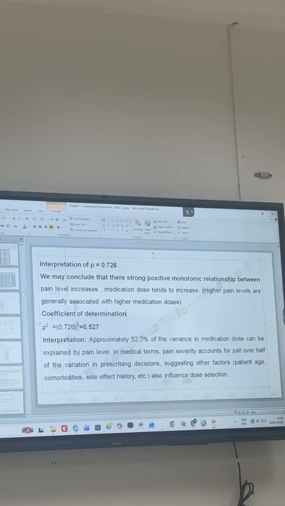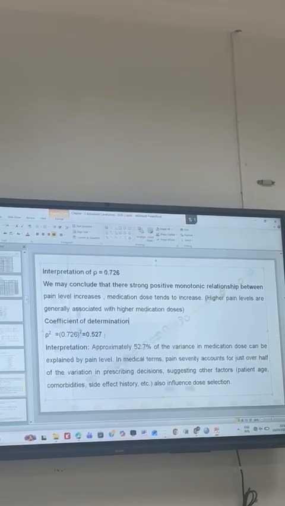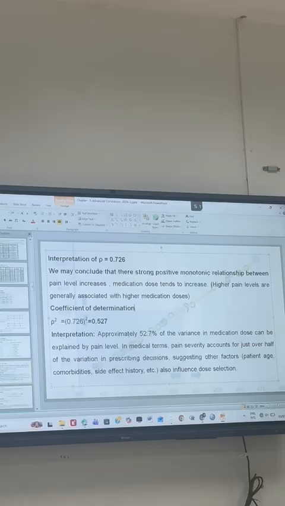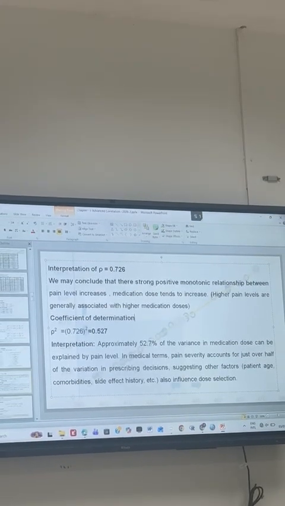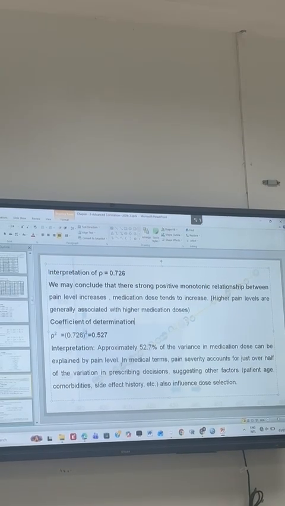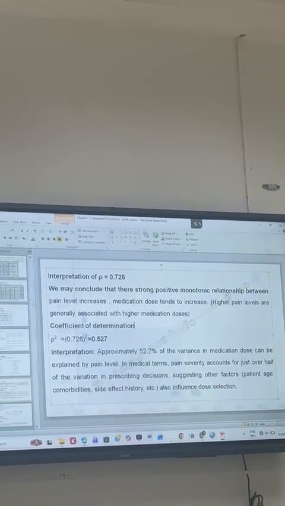Now here, as you can check, I square this value, 0.526. What is the meaning of this coefficient of determination? That means 52.7% of the variation in the medical dose can be explained by the value. Clear? Square for B. Yes, square.